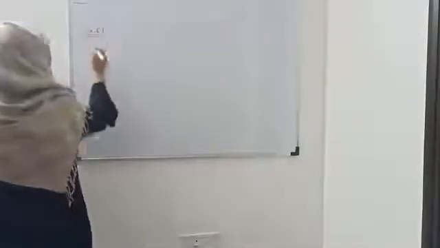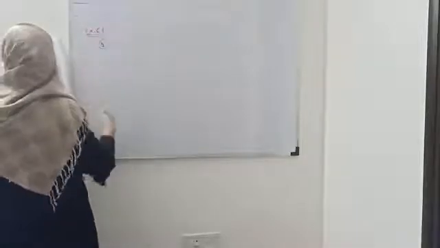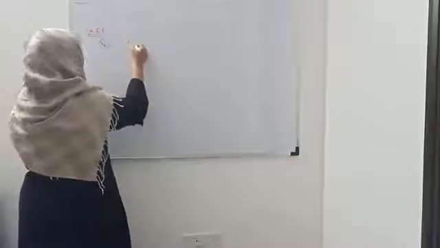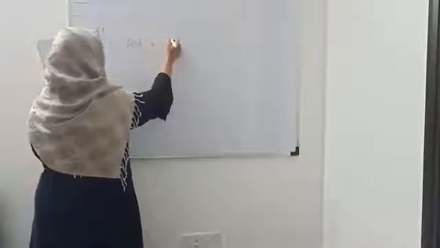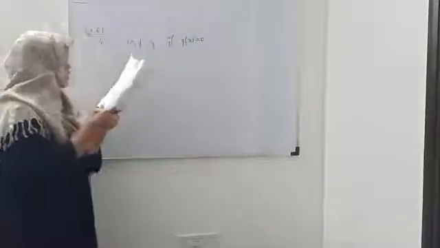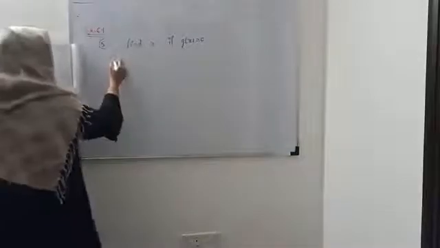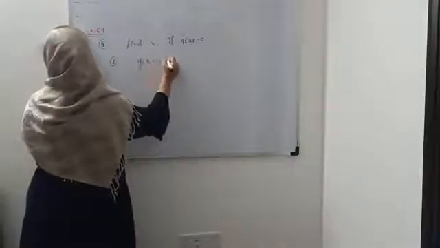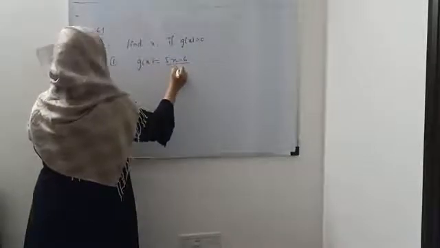So problem number 5. Find x if g of x is equal to 0, where the first g of x is 5x minus 6 upon 7.